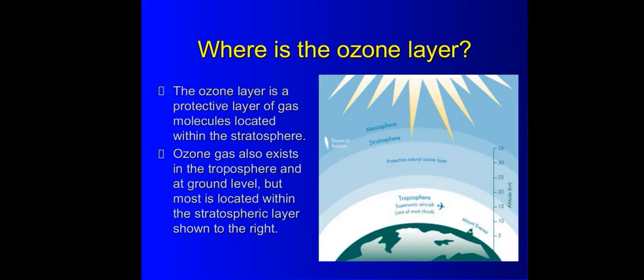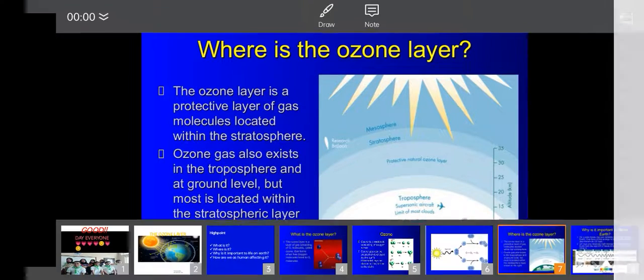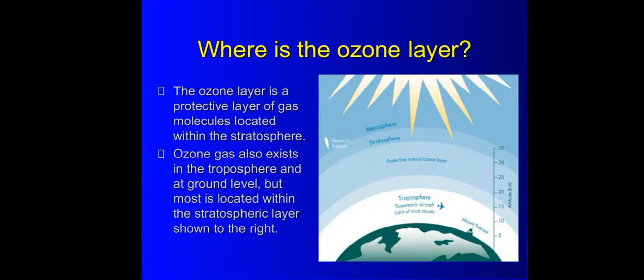Ozone gas also exists in the troposphere and at ground level, but most of it is located within the stratospheric layer, shown on the right.